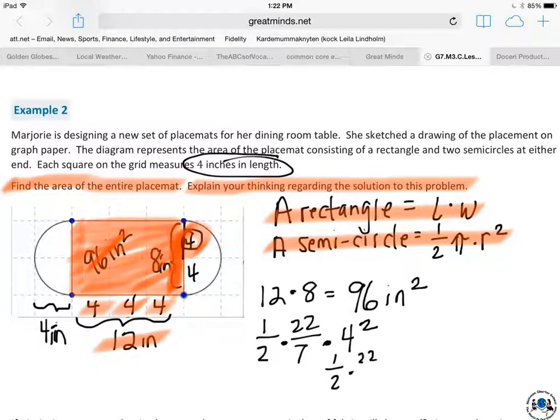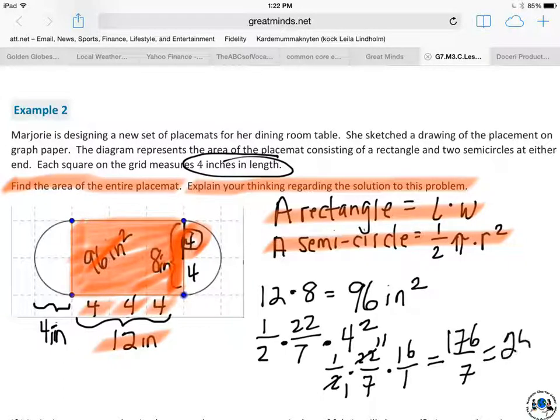Went ahead and brought that down, made them all into fractions, did a little cross-canceling, came up with my final fraction, and I went ahead and did my division to get a decimal answer.